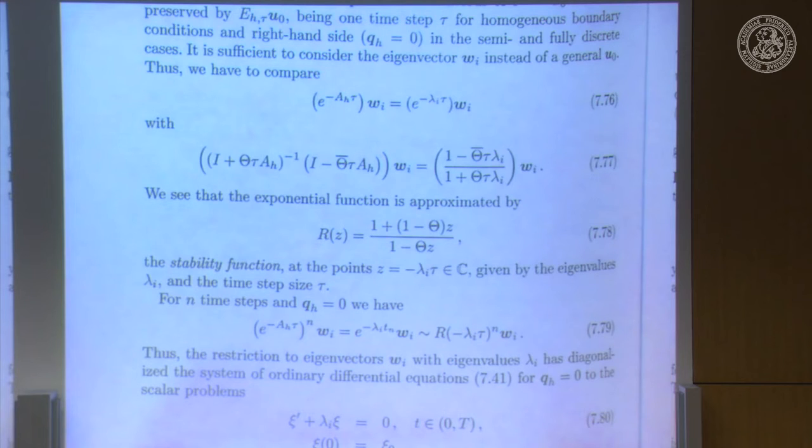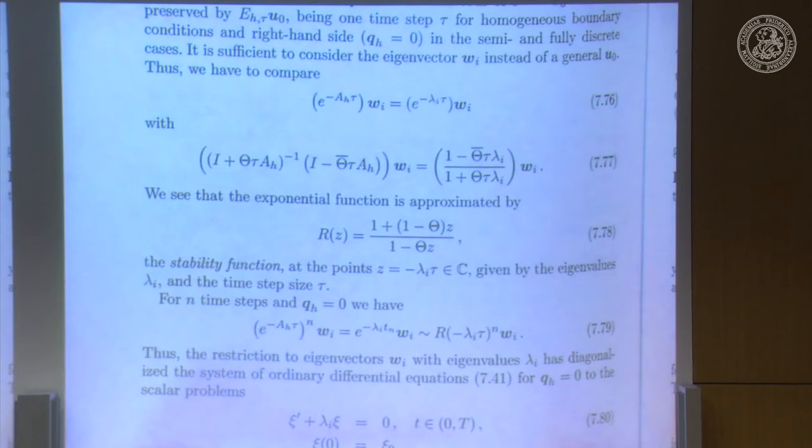What actually happens, and that is the big deal with using eigenvectors in conjunction with linear ordinary differential equation systems: of course, we have diagonalized. Going to the eigenvector basis, we have diagonalized the system of ordinary differential equations.